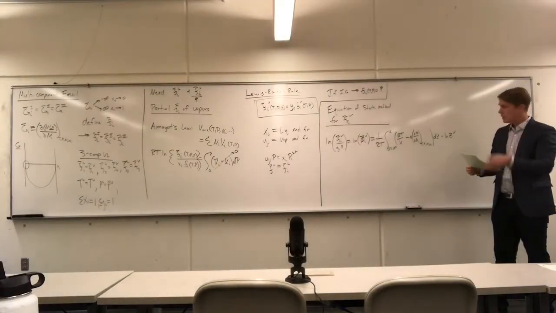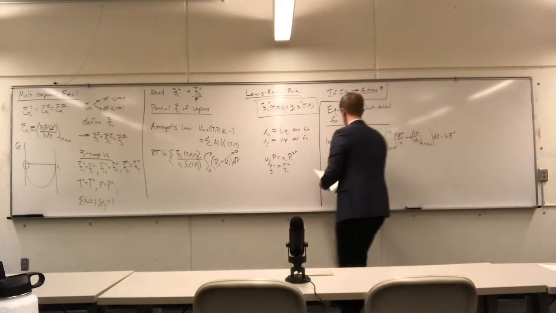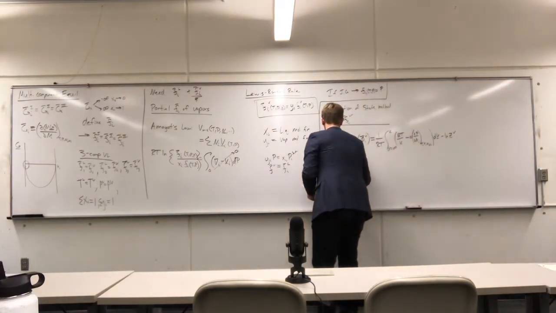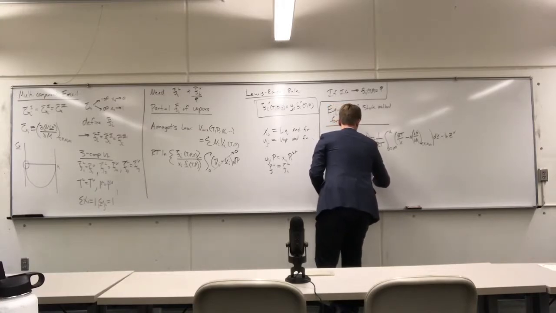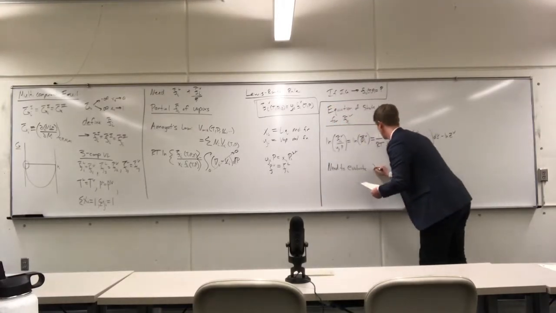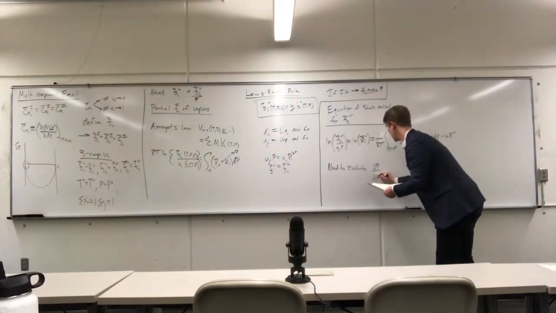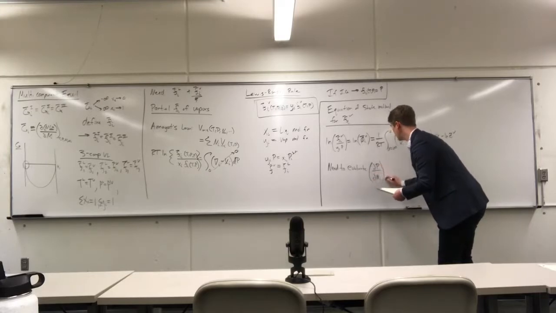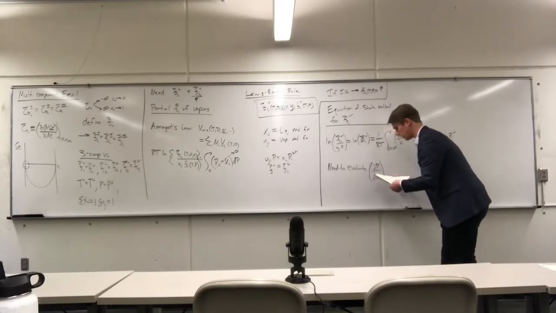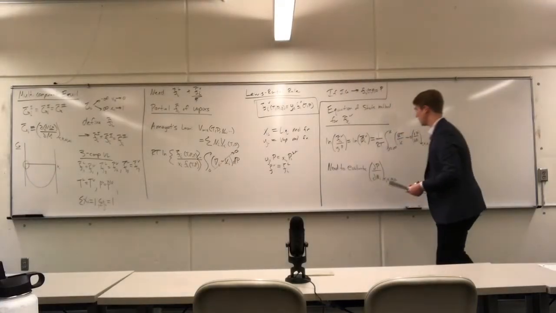So the key thing is we need to evaluate this expression here: the change of system pressure when I add a little bit of species 1 into the system, mixing it at constant temperature, volume, and holding everything else constant.